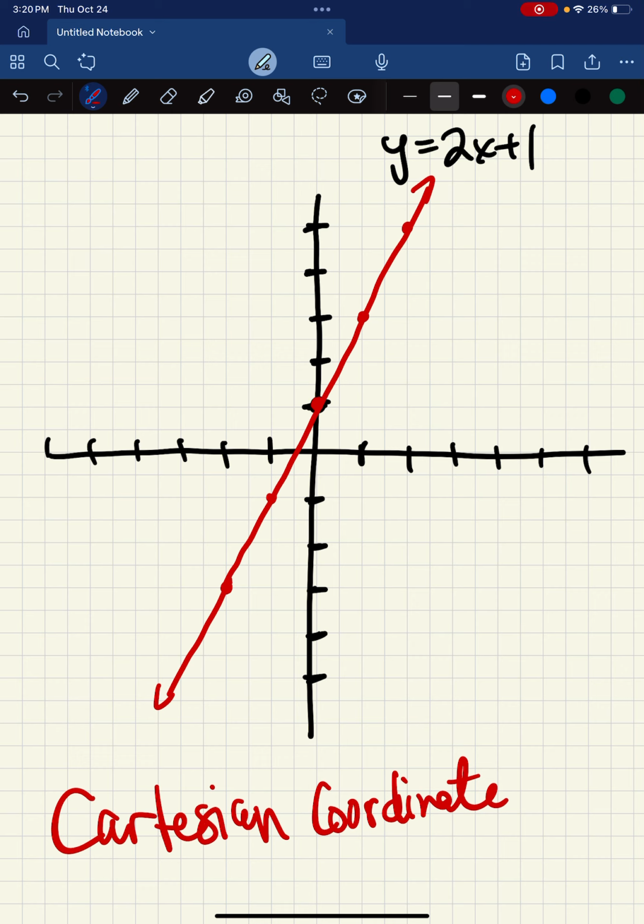And the way that Descartes, René Descartes, the French philosopher, mathematician, scientist, supposedly thought of this is he was lying in bed and saw flies on his ceiling, and he was trying to think, how could he communicate to someone where those flies are? And so those flies to him were the points in space, and then he came up with this grid system. I'm sure that it was around before him, but he kind of gets the credit for it.